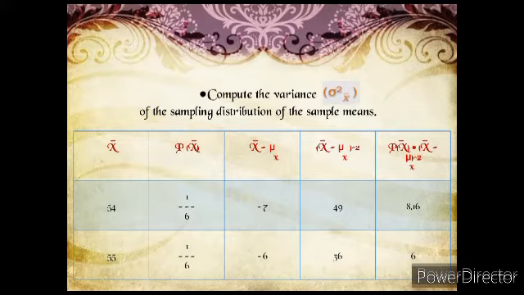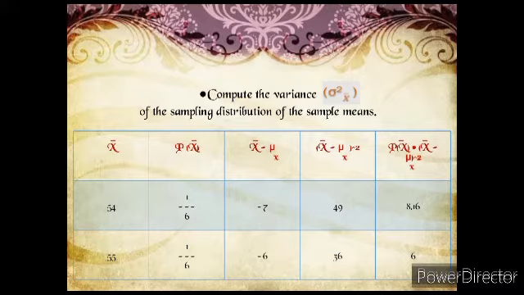As I have already mentioned the sample means and their probabilities, let's now move on to the third column, which contains the sample mean minus the mean of the sampling distribution of the sample means. Now remember, the mean of the sampling distribution of the sample means is equals to 61.